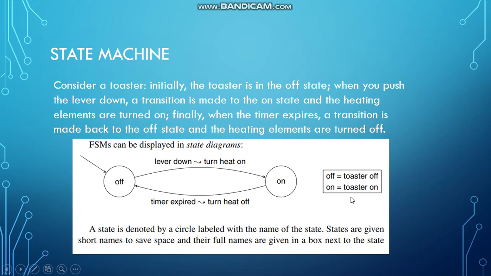A finite state machine consists of a set of states and a set of transitions between pairs of states. A transition is labeled with a condition, as I said earlier, and an action. A condition can cause the transition to be taken, and an action is performed when the transition is taken.